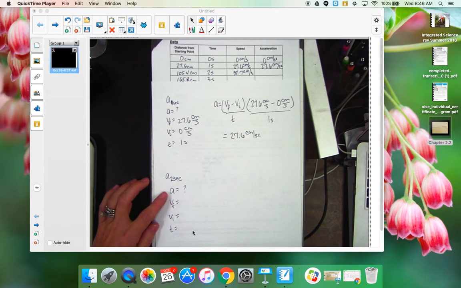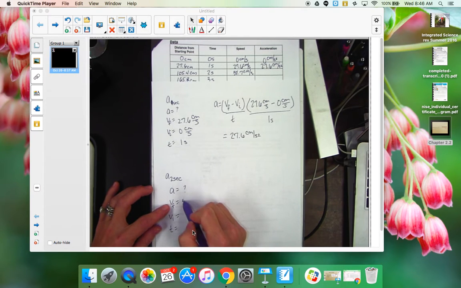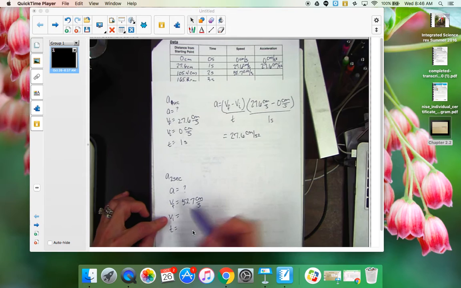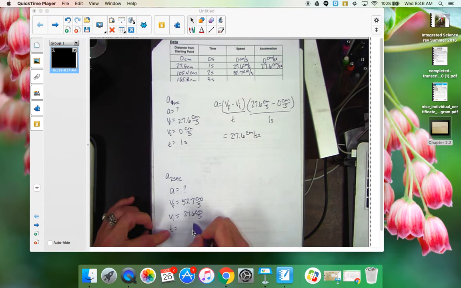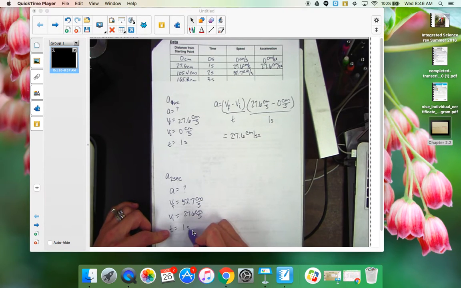Okay, acceleration is my question mark. Velocity final, 52.7. Velocity initial, where did I come from? Right here, this 27.6. And the time difference, the difference between 2 seconds and 1 second is 1 second.